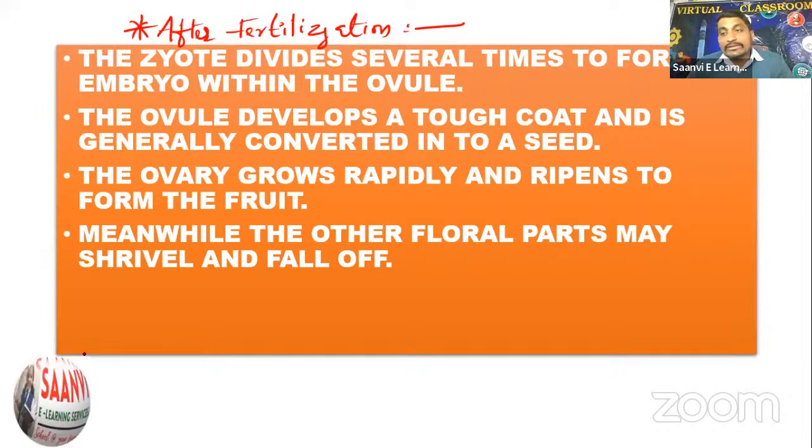So after forming the seed and fruit, meanwhile the other floral parts may shrivel and fall off. What is shrivel? It's nothing but losing moisture, losing its nature, there is no moistness.